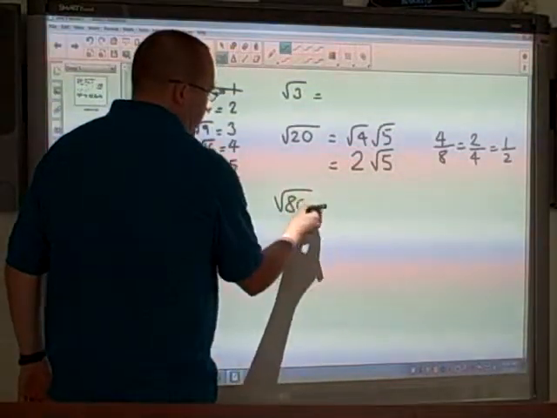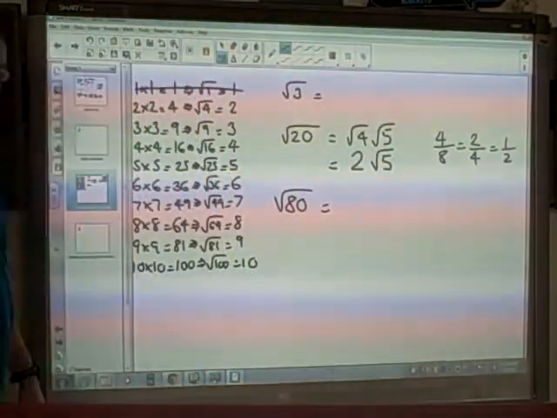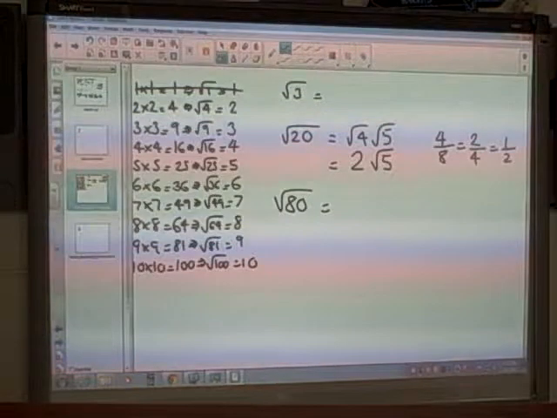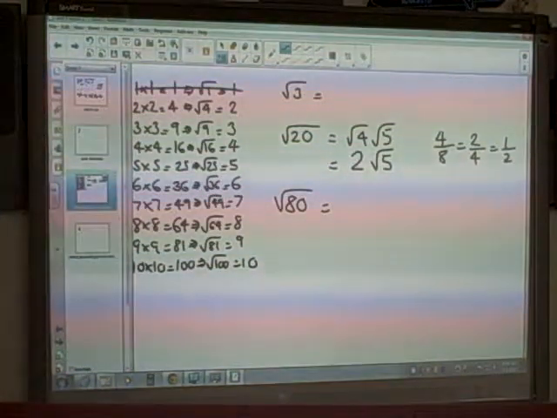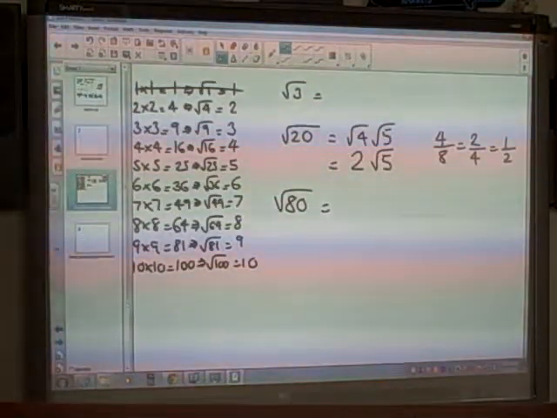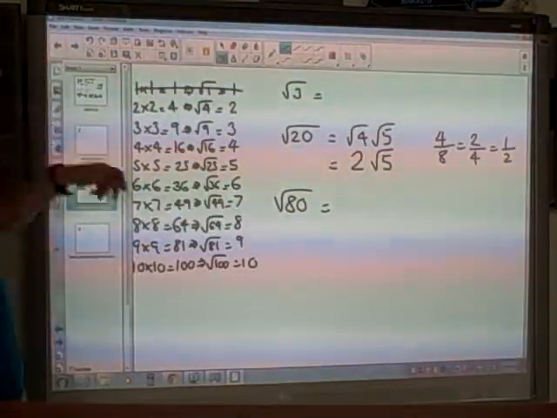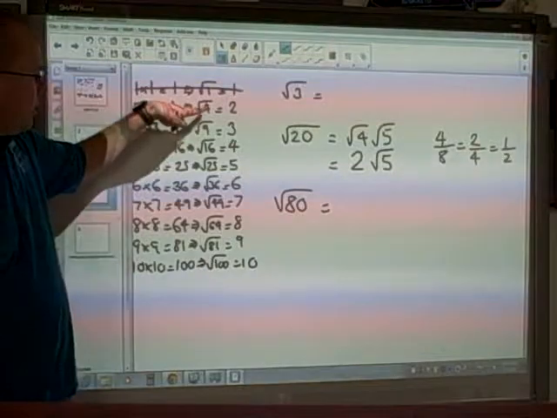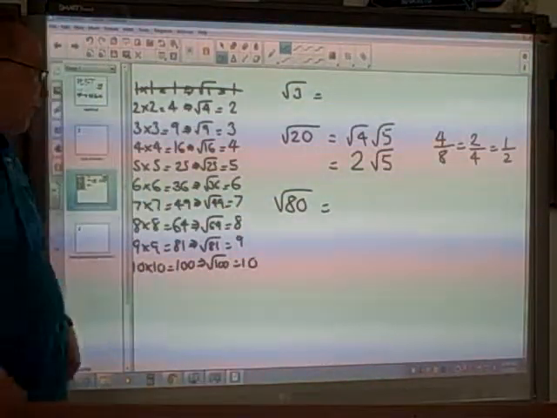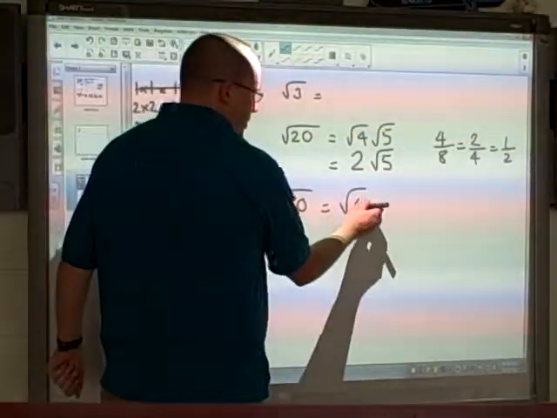Now, if I choose a larger question, though, I might be able to simplify more than once. As the numbers get bigger, you might also not recognise two numbers that divide into this number. So one way you can try is dividing 4s into 80 to see if it works. And actually for this one, it does.